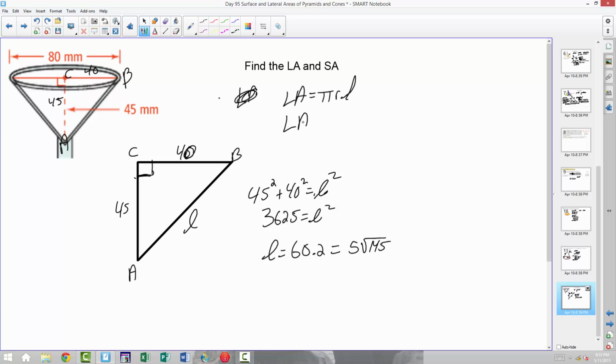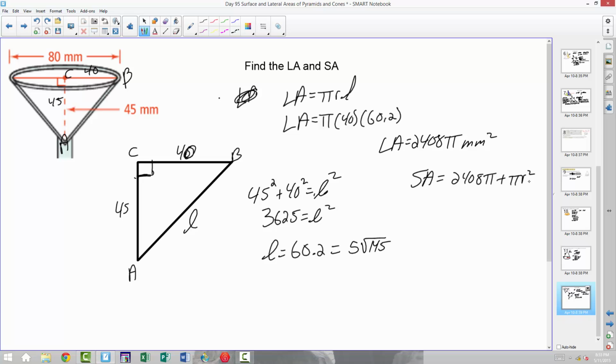So my lateral is pi, radius is 40, my slant is 60.2, and leave it in terms of pi. So 40 times 60.2 is 2408. So my lateral area is 2408 pi millimeters squared. So my surface area is equal to 2408 pi plus pi r squared.